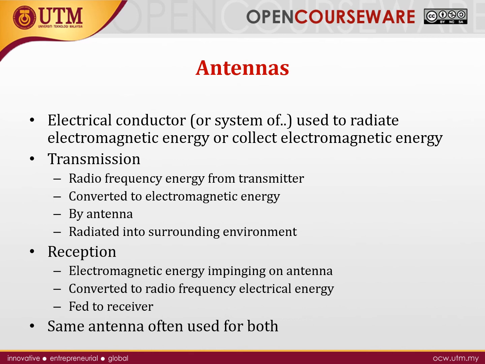While in reception, electromagnetic energy impinging on the antenna is converted to radio frequency electrical energy and fed to the receiver. For both transmission and reception, mostly the same antenna is used.